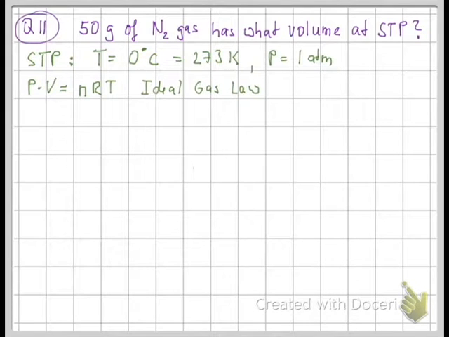So we need a unit that relates R in those units. This is the ideal gas law constant, 0.082. The unit of that is liters times atmospheres, divided by Kelvin times moles.